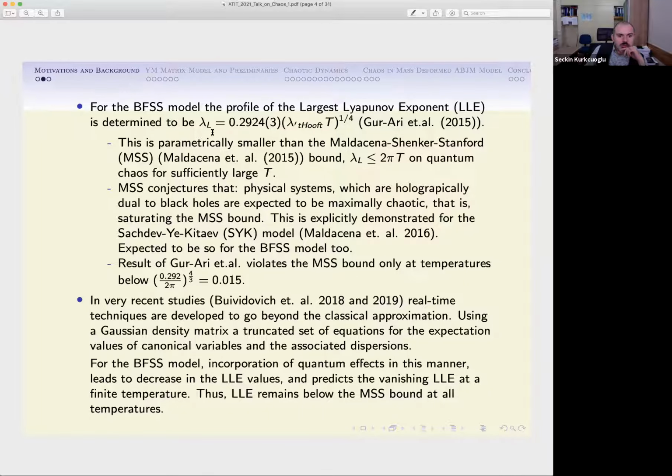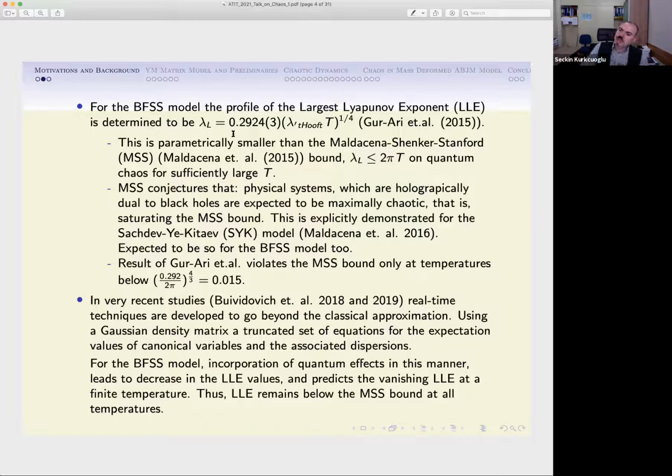And the Lyapunov exponent measures how chaotic the dynamics of a system is, how fast. So you can consider something like e to the power lambda_L times the time.